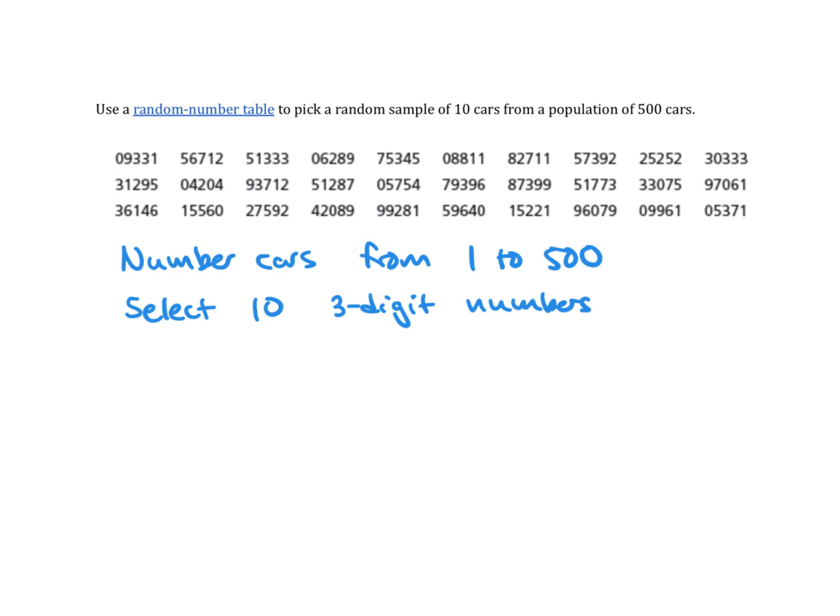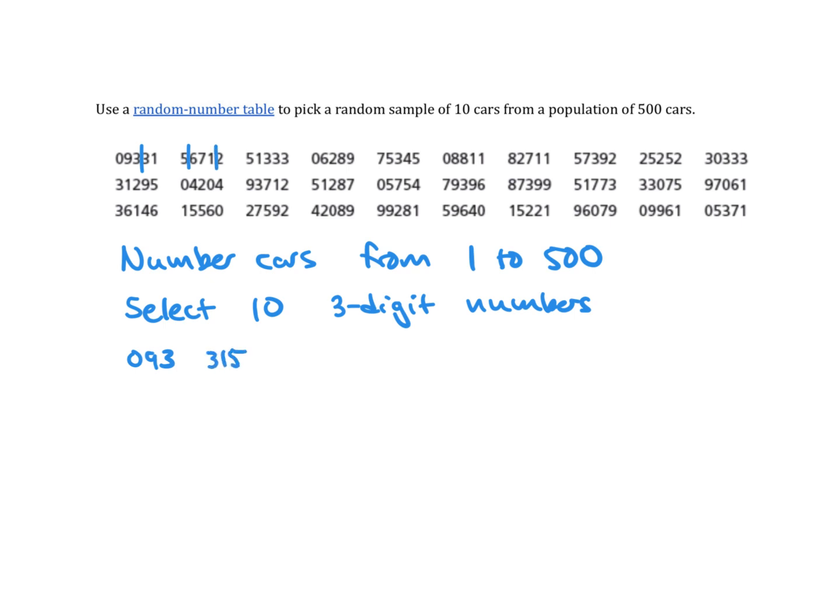So I'm going to separate after the first 3 digits, and I'm going to use the numbers 093 as my first number. That represents the number 93. So car number 93 is the first one to be selected of my 10 random numbers. Now I take the next 3 digits, so I'm going to include that 5 with the 3 and the 1, giving me the number 315.